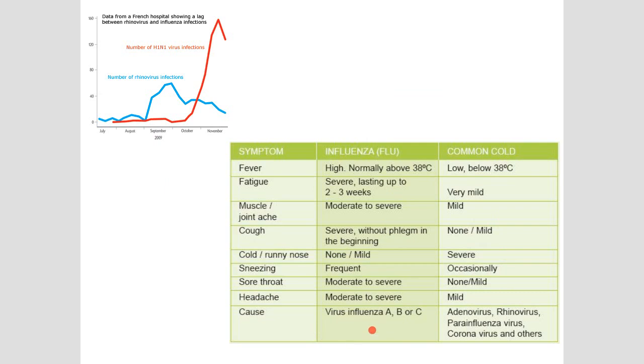So when we say flu, we mean influenza. So we're talking about influenza virus, which I will discuss in a while, influenza A, B, or C. When we say common cold, we are talking of either adenovirus, or rhinovirus, as we're doing today. And there are some other viruses like parainfluenza and corona.